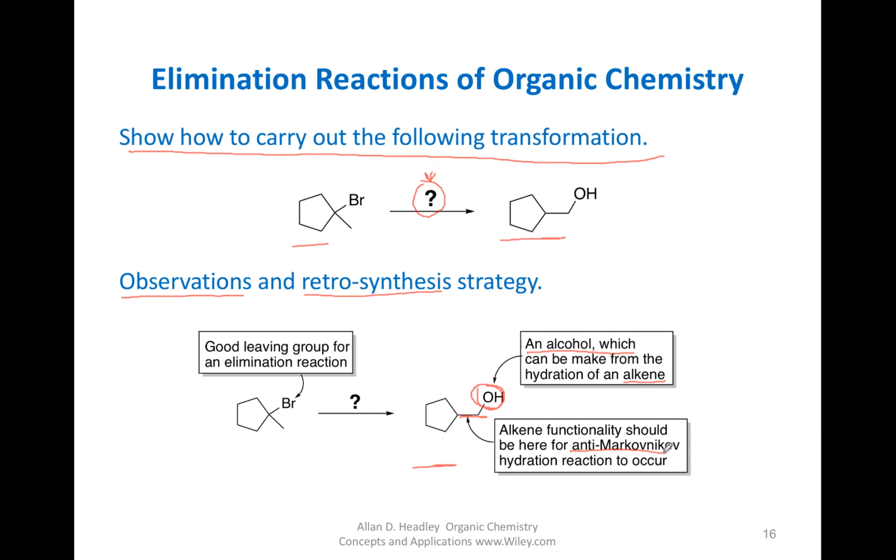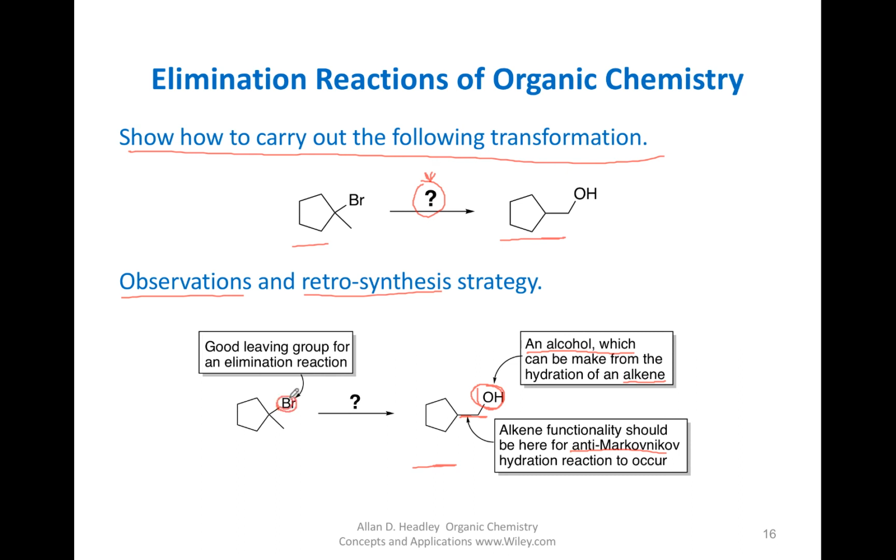So now we're introducing terms that you may have forgotten, which means you have to go back and refresh your memory with the reactions that we did last semester, as an anti-Markovnikov addition to a carbon-carbon double bond to give an alcohol. Notice the reactant now, we can look at it, it has bromine, which is a leaving group.